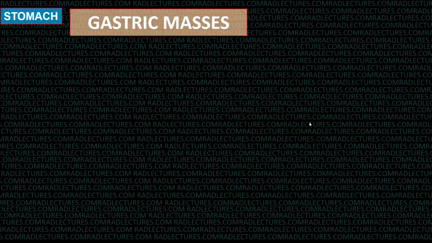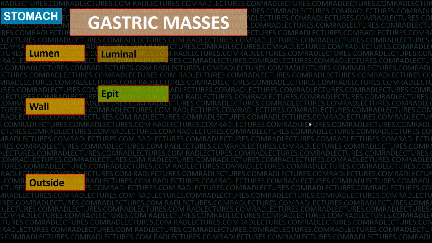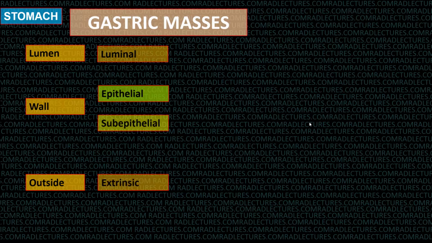Coming to gastric masses, this slide I have taken from one of the previous lectures. Masses or filling defects in the stomach can be in the lumen, in the wall, or outside. So the masses in the wall can be epithelial or subepithelial, and then there are of course the luminal in the lumen and extrinsic on the outside.